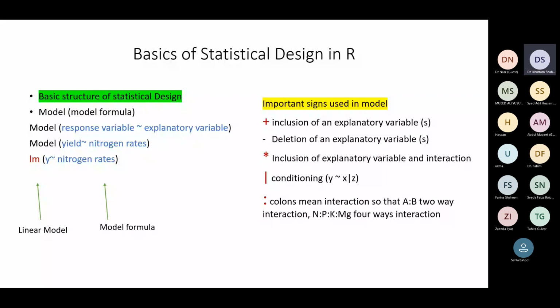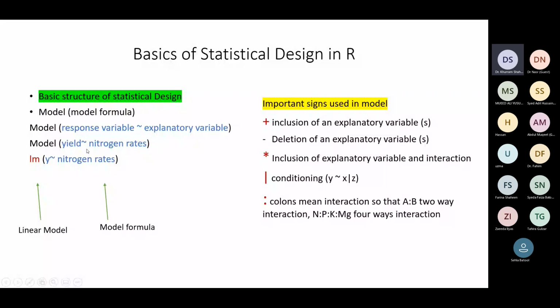Okay. So we have a response variable and explanatory variables in the model formula. We want to add many other explanatory variables, as in the example, yield and nitrogen, plus we want variety, plus we want treatment. So we can add other independent variables with this plus sign.